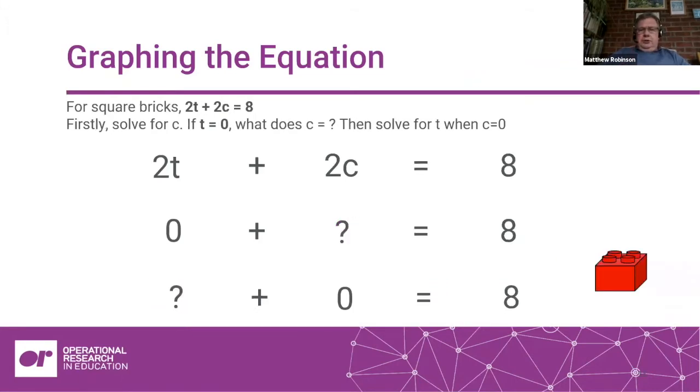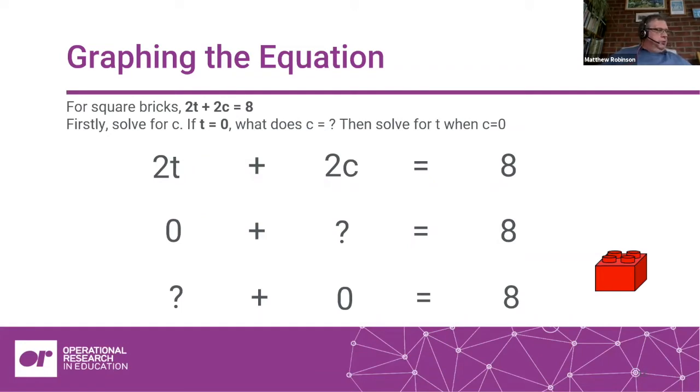And we're obviously going to do the same for the square bricks, so the red bricks on here. And remember that what we said on here, that the 2 times the number of tables plus 2 times the number of chairs have got to be less than or equal to 8. So what we're doing is we're going to make it equal at the moment to work out what the extremes of these could be.